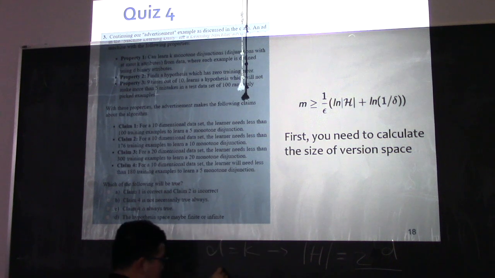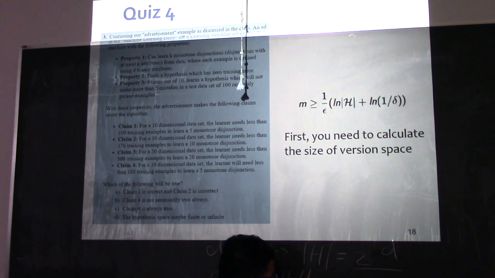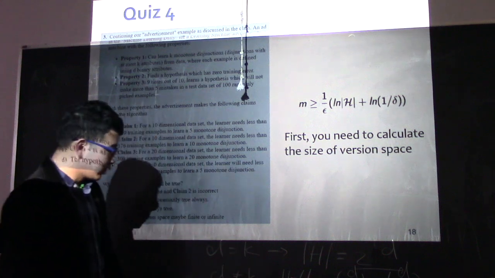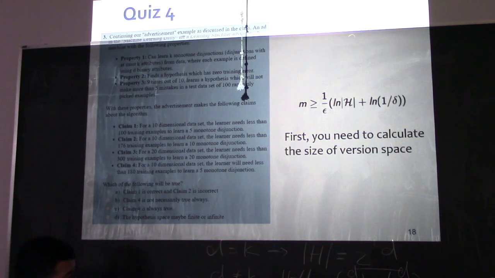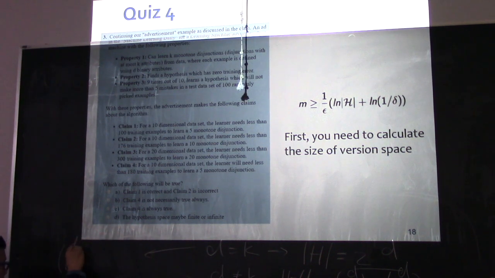And if d is not equal to k, actually k should be smaller than d, so you calculate the size of the version space as C(d,k) plus C(d,k-1) plus up to C(d,0). Actually, those two are quite similar, because in this way the sum equals 2 to the power d, because it's binary attributes.